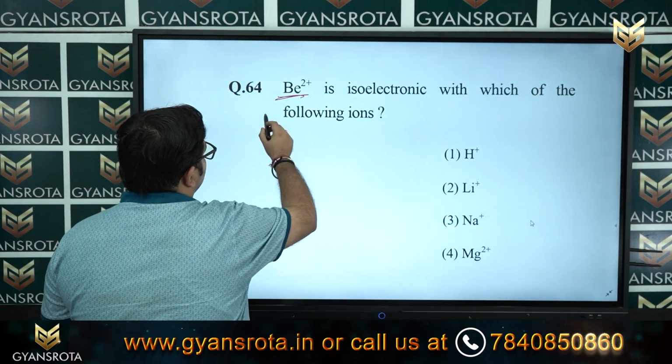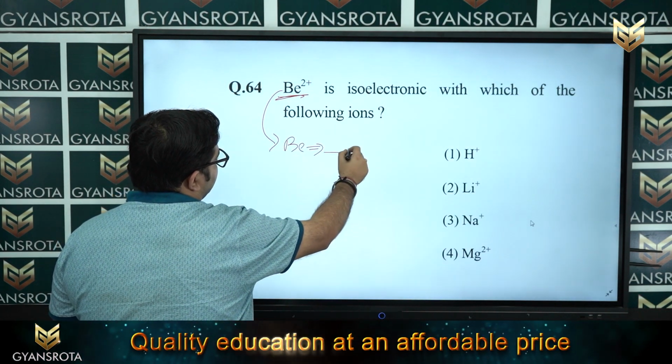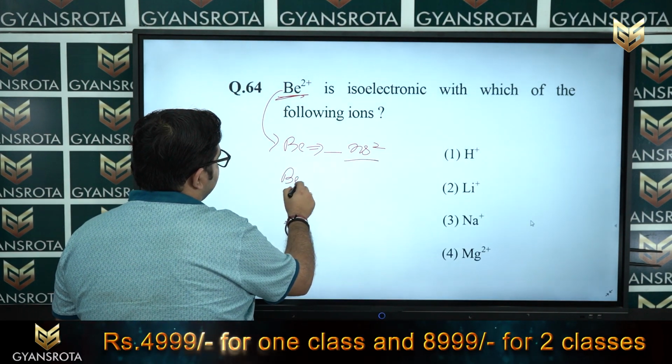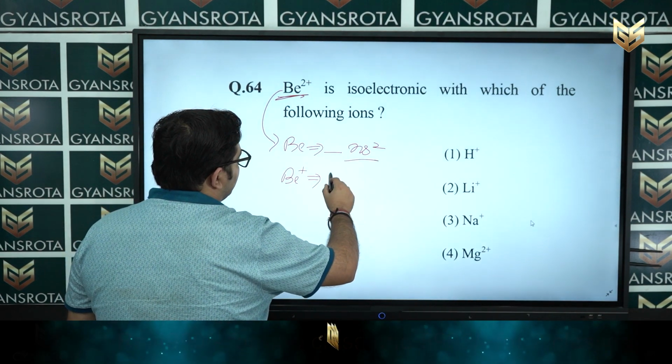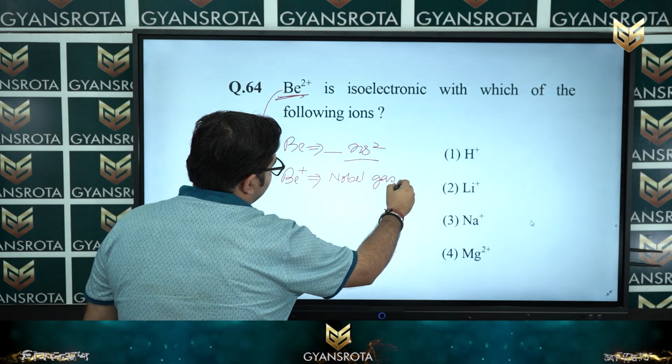If you see Be2+, I am first writing the Be; the outer electronic configuration is coming as ns2. Now, if I take Be2+, it will attain the noble gas electronic configuration, right?